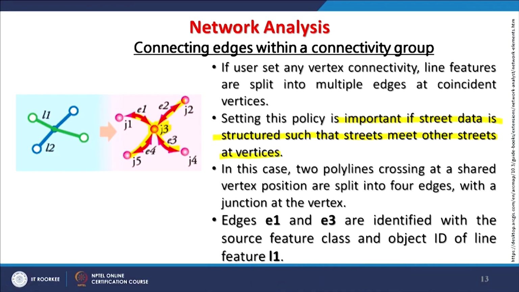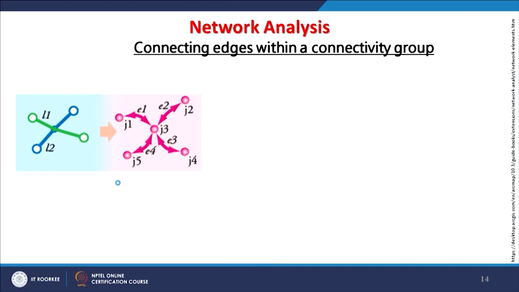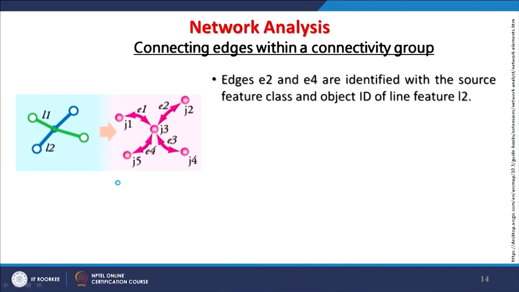So, edge E1 and edge E3 are identified with the source feature class and object ID of the feature, and that is J1. Similarly, for other edges also, it can be defined in a similar way.